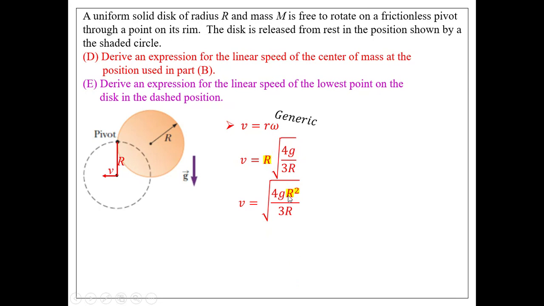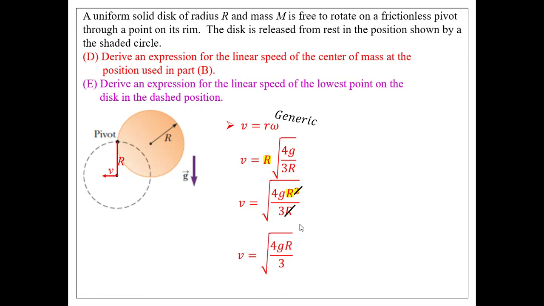Now, why am I doing this? I can do this so I can just simplify stuff, okay? This is entirely up to you how you want to do this step. So I want to put that R back underneath the radical, which makes it R squared. Well, why? Because now I can cancel the square and the R there out. So really, the only thing left here is just 4gr over 3.